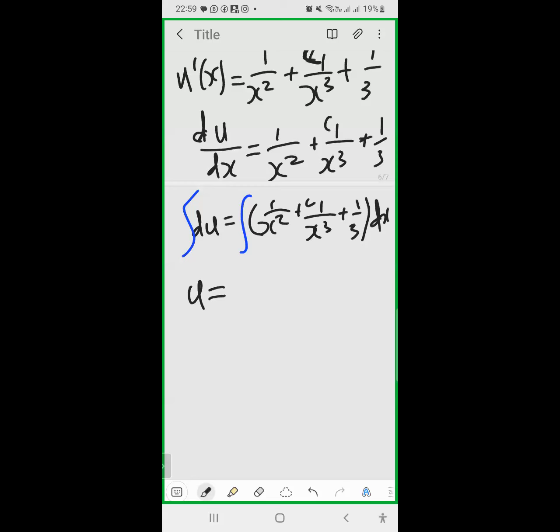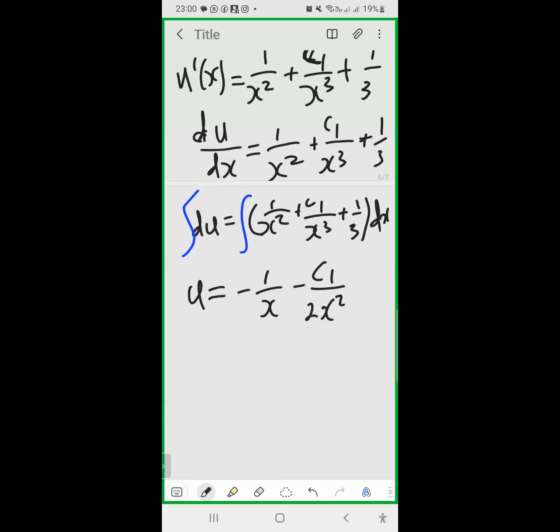That will be x to the power minus 2 plus 1, which is minus 1, so this is basically minus 1 over x. And then the integral of c1 over x cubed is x to the power minus 3 plus 1, which is minus 2, divided by minus 2. So this will be minus c1 over 2x squared.